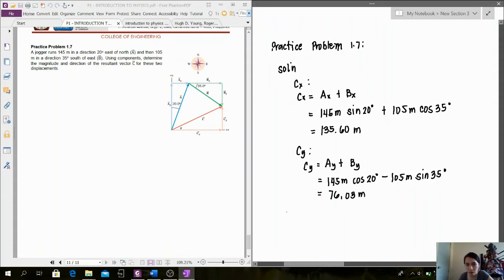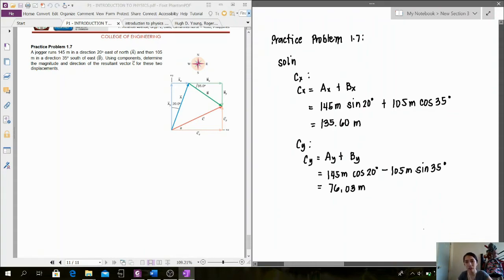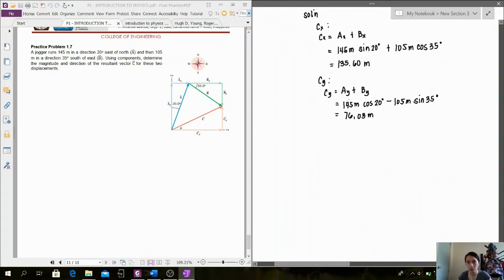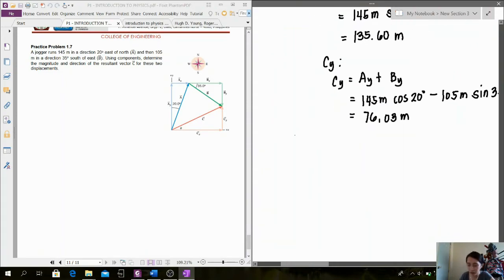So this is equal to 76.03 meters. For the magnitude of the resultant, we have R is equal to the square root of 135.60 squared plus 76.03 squared.